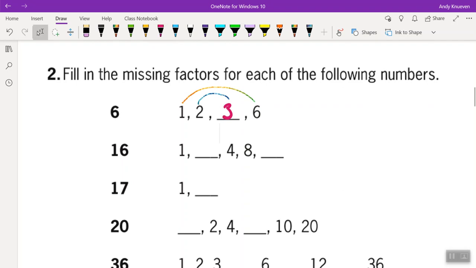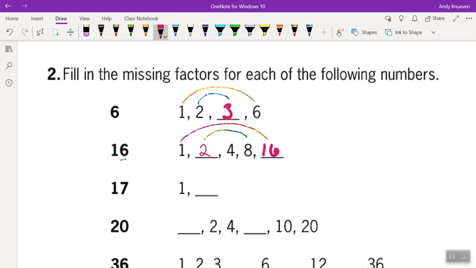All right, so let's do 16 then. Well, again, 1 and 16 will work. Every number times 1 is itself, so 16 is 16 times 1. But then I know that I'm going to have something and 8. Well, 16 is an even number, the 6 is even in the 1's place, so I know that 2 and 8 will work.